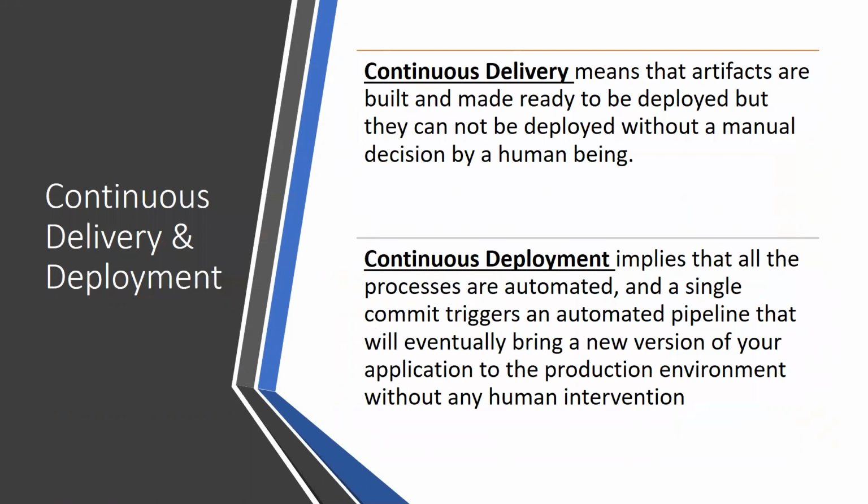So some manual intervention or decision is required. That is called continuous delivery. And when it is automatic, when it moves to production automatically after delivery, then it is called deployment. That is the main difference between delivery and deployment.